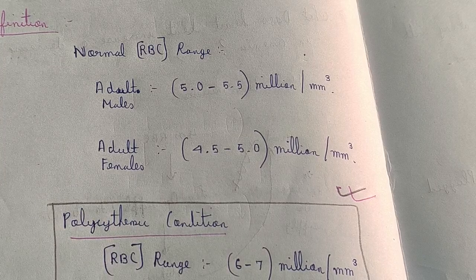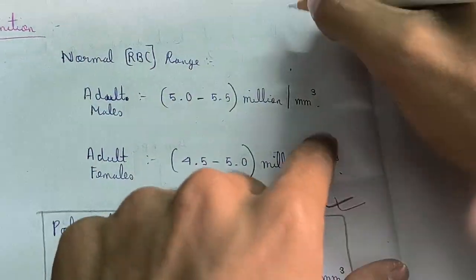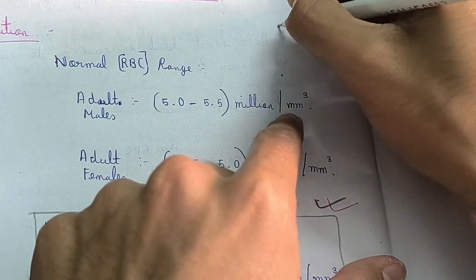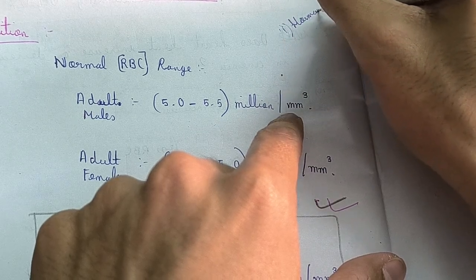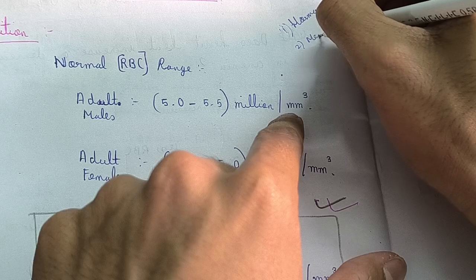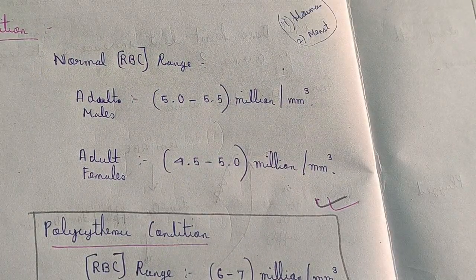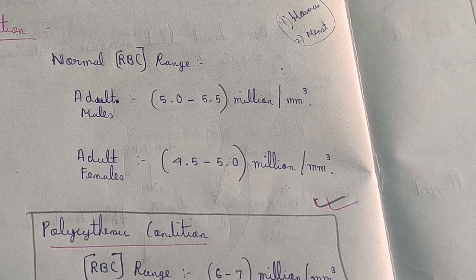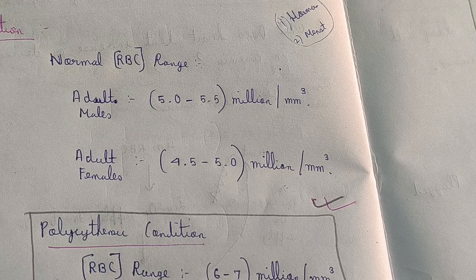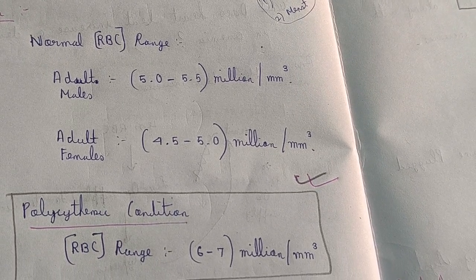Basically there are two main reasons: the first is the hormone level, and the second is menstruation. These two factors cause a decrease in the erythrocyte or RBC count in females.